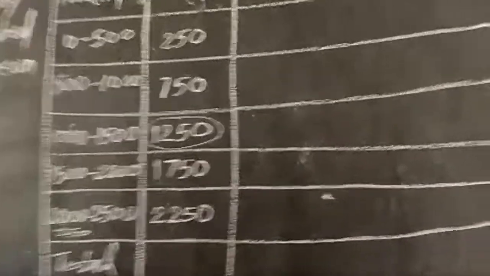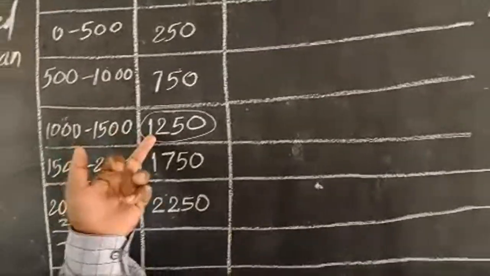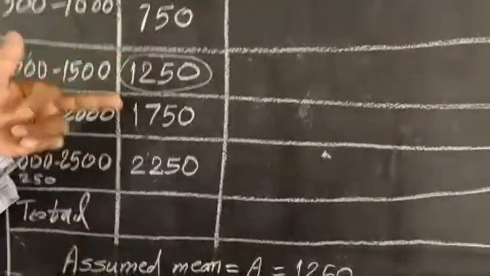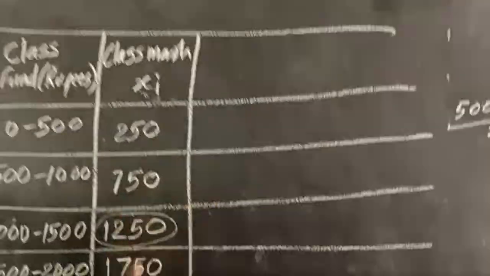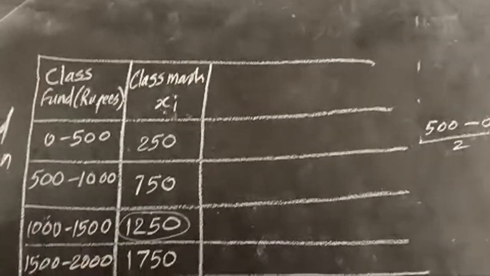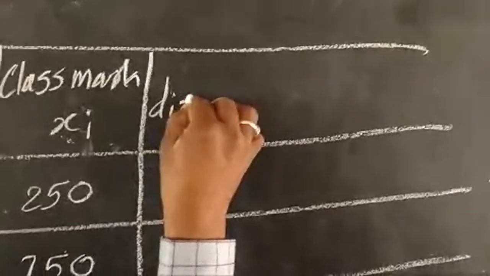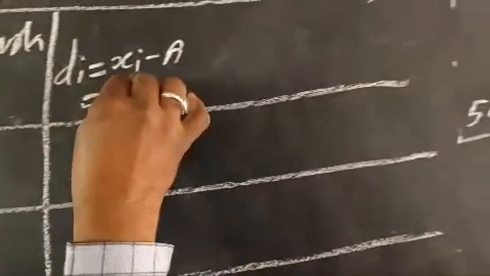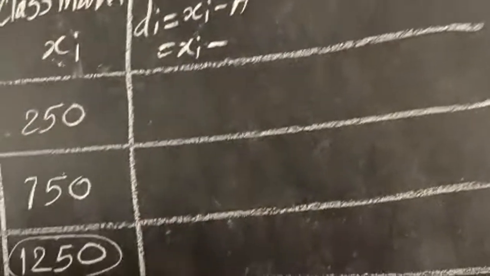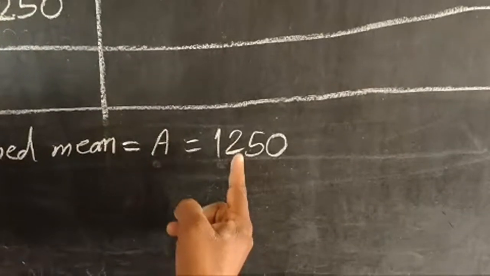We check at this time. All students take this assumed mean. Then what we find out next is di is equal to xi minus A, where A is the assumed mean 1250.